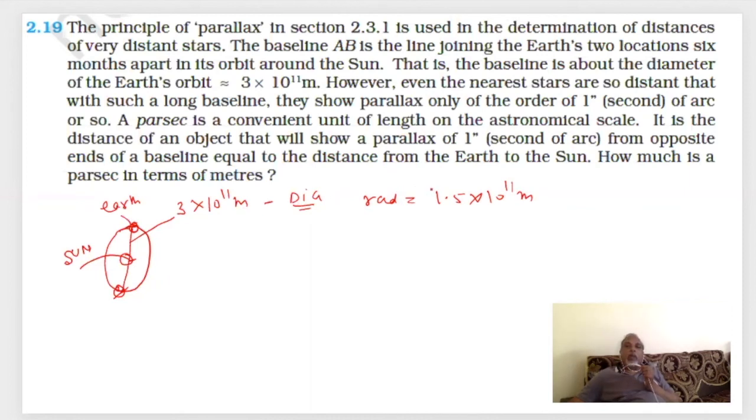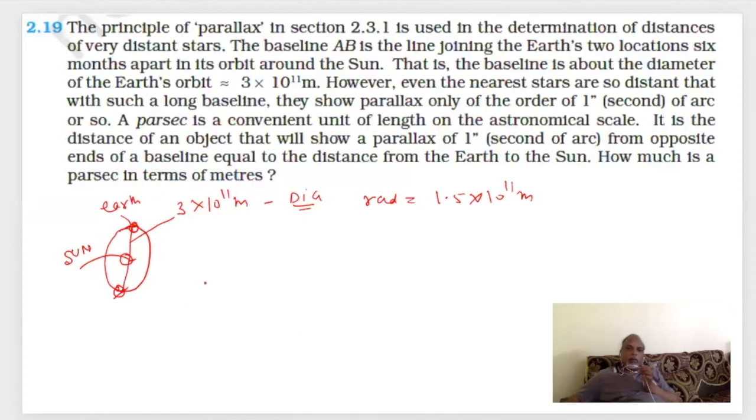However, even the nearest stars are so distant that with such a long baseline, they show a parallax of only 1 arcsecond. Parsec is a convenient unit of length on the astronomical scale. It is the distance at which an object will show a parallax of 1 arcsecond from opposite ends of a baseline equal to the distance from the sun to the earth.